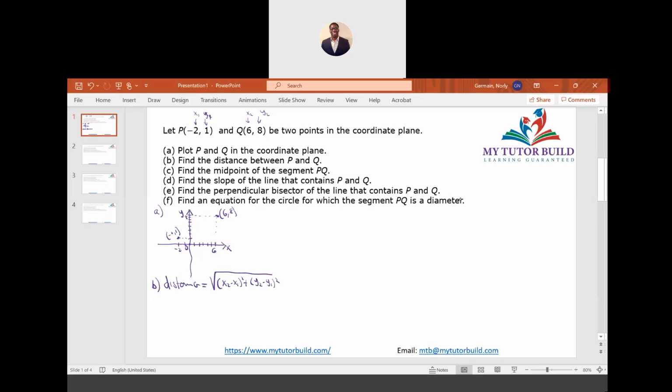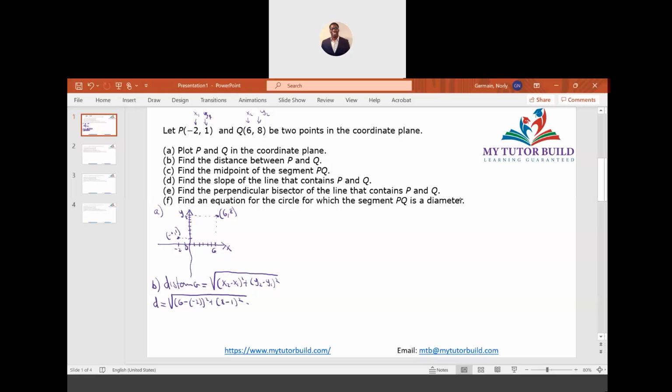As I already stated, x2 is 6 and x1 is negative 2. So I'm going to replace distance by d. x2 is 6 and x1 is negative 2, squared, plus y2 is 8 and y1 is 1, squared.